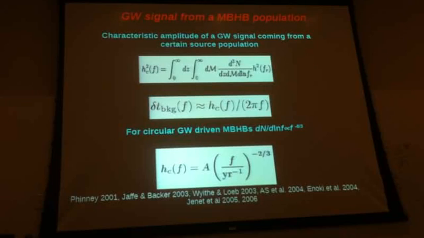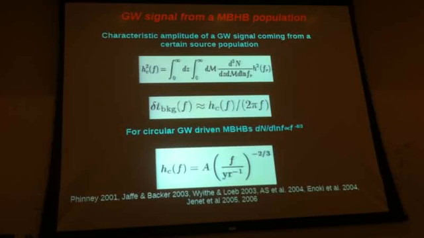Okay? In fact, you don't have a continuous function, but you have a discrete number of sources. So for your characteristic amplitude, you basically replace these integrals with summations over the sources that you have in the sky.